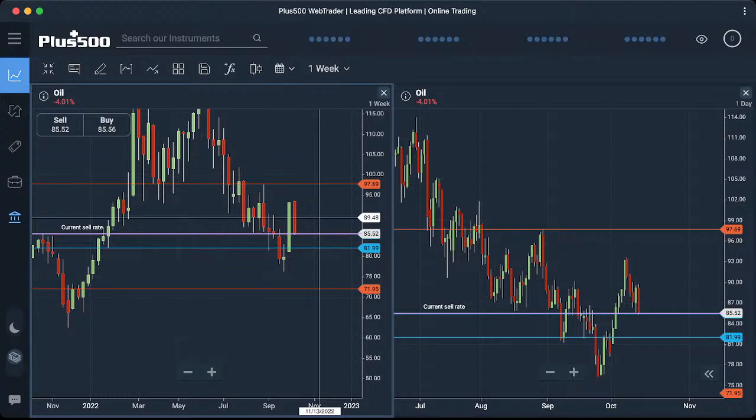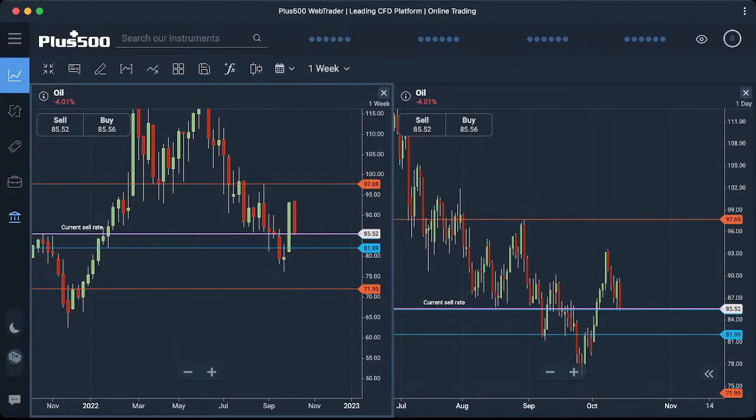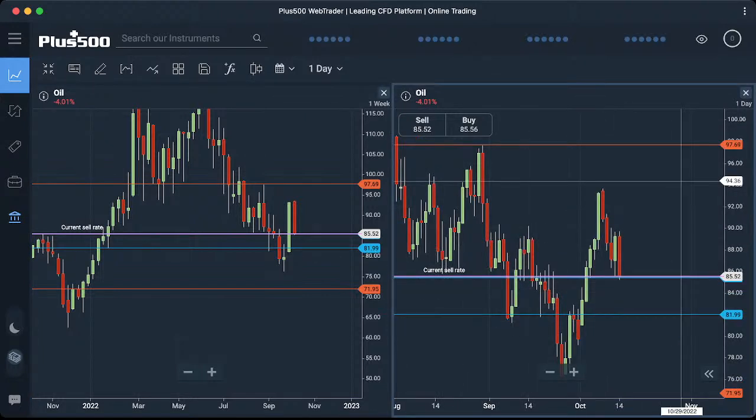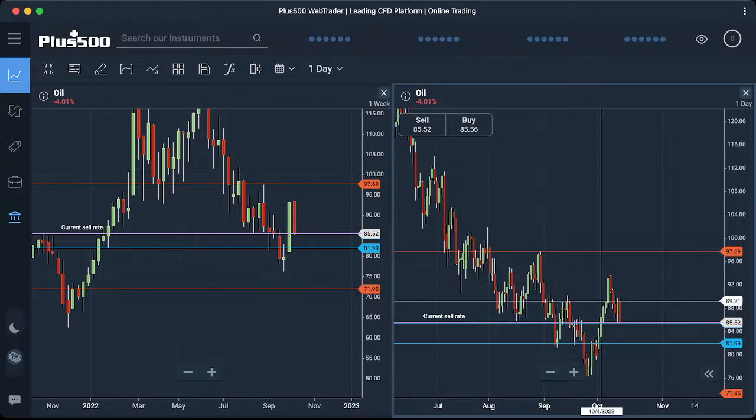Last week I was bullish on this, but price gave a correction to the downside, and still I'm bullish because after taking these highs, we can see price go even more to the upside.